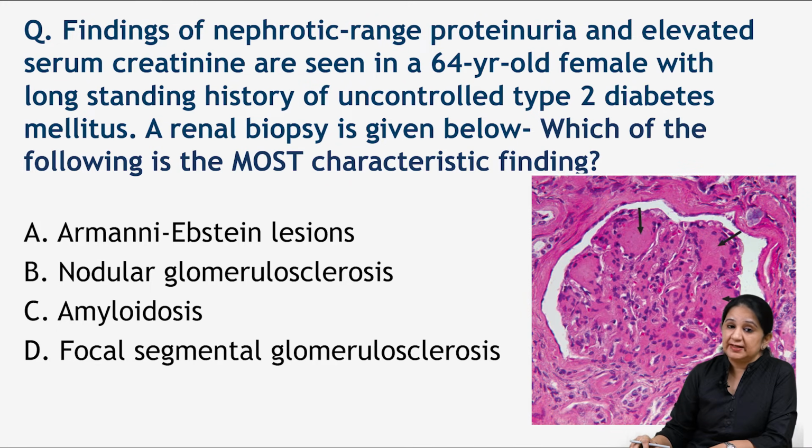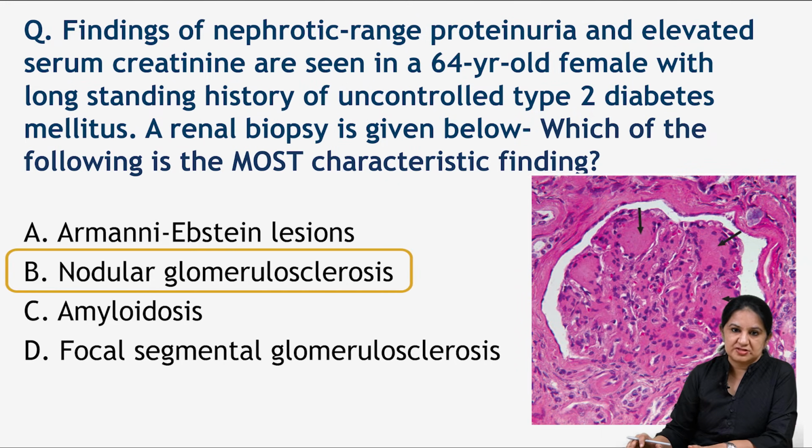It is your KW nodules or Kimmelstiel-Wilson nodules. That is your nodular glomerulosclerosis. So the correct answer here is nodular glomerulosclerosis, right? It's a case of chronic diabetic nephropathy. So the correct answer is option B.